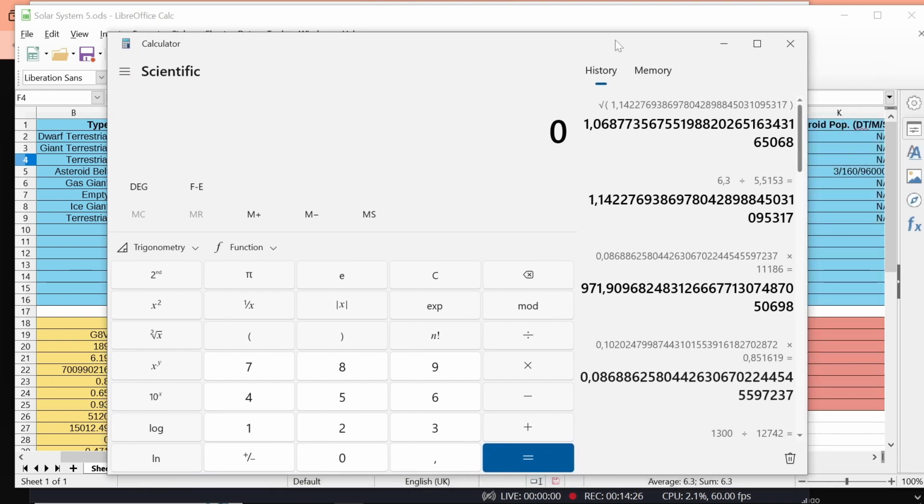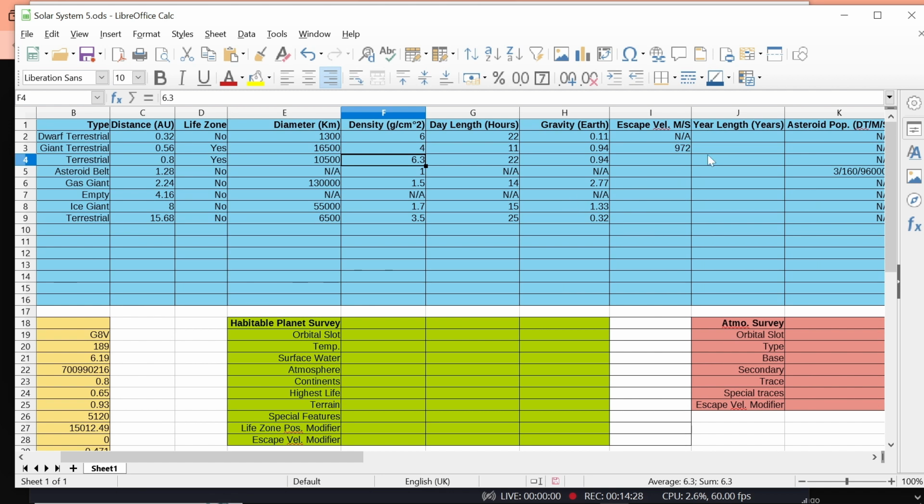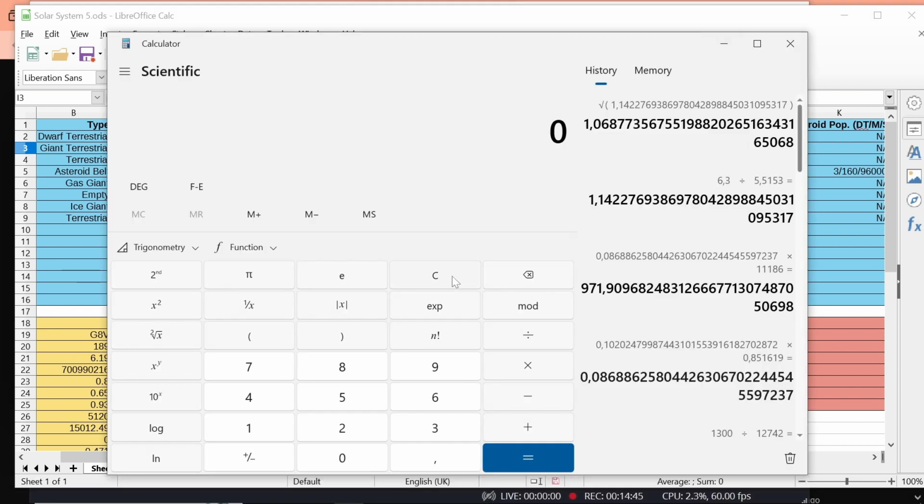I made a mistake, and I know what my mistake was. I thought escape velocity at 972. I used the diameter of the dwarf terrestrial for that. So we're going to have to redo that one. Sorry, guys. Just going to start again from the beginning.